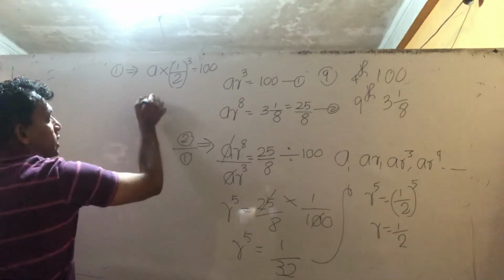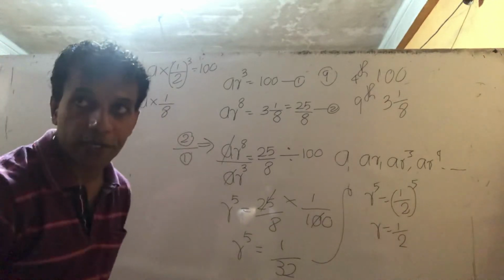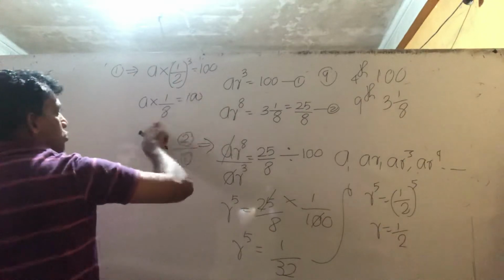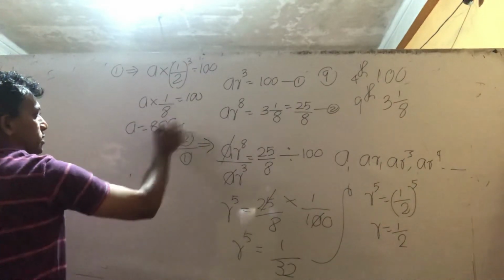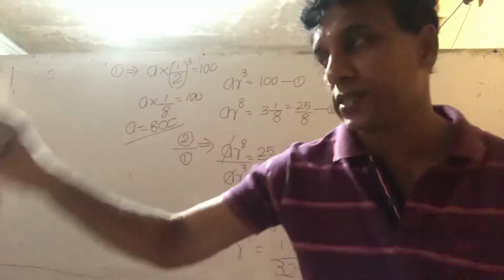So A multiplied by 1 over 8. 1 cube is 1, 2 cube is 8. So A equals what? 800. So you know the A, you know the R, then write the series.